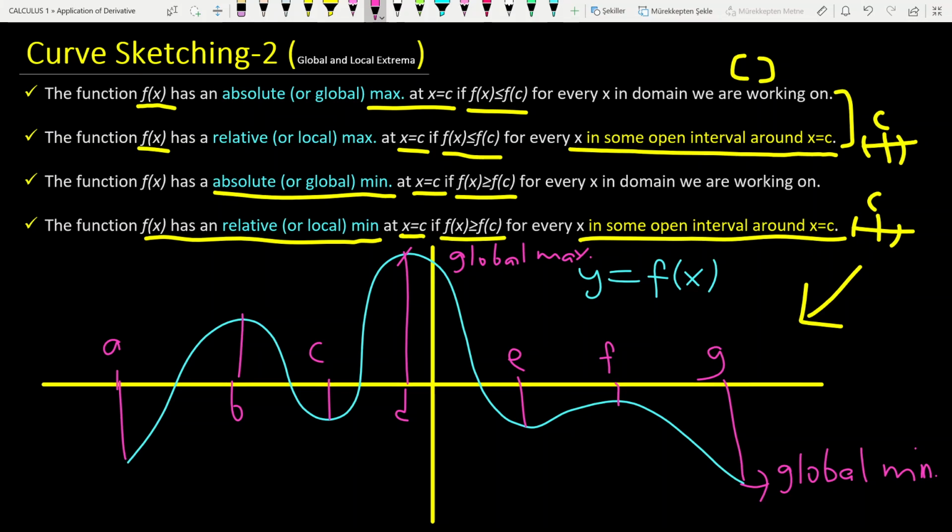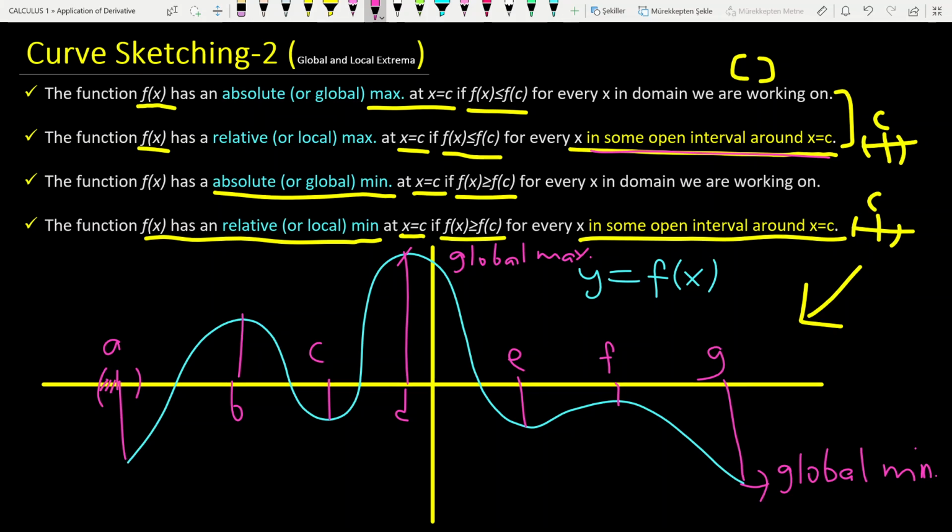It cannot be a local extremum, since we do not have an open interval around the point A. Look at the left hand side of the point A. The left hand side is not included in the domain. The function is not defined there. This is why we don't have some open interval around the point A. This is why A cannot be a local extremum.